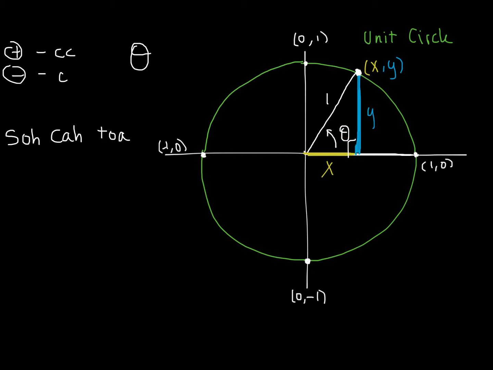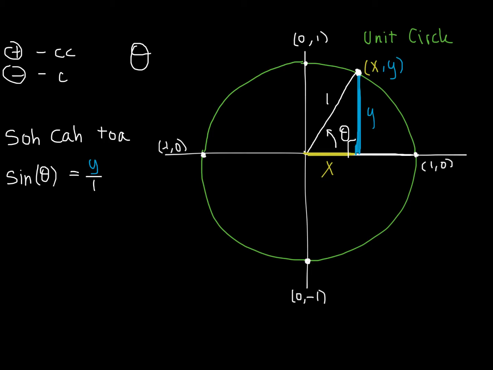So let's think first about the sine. Okay? So the sine of this angle theta, that's how it's drawn there, the sine of this angle is the opposite, which is the y value, over the hypotenuse, which is 1.